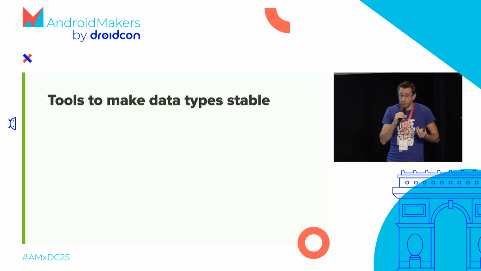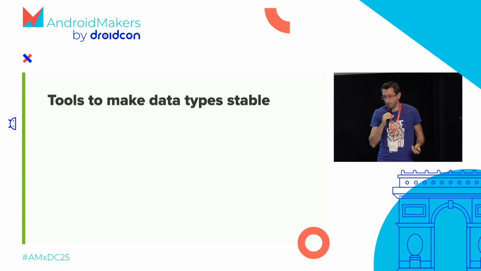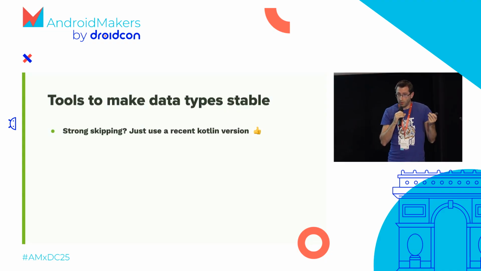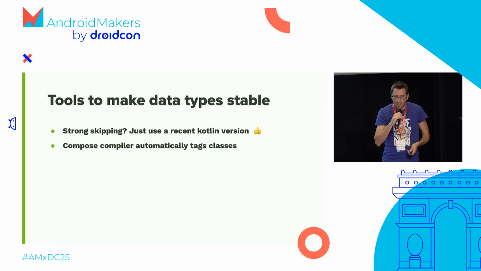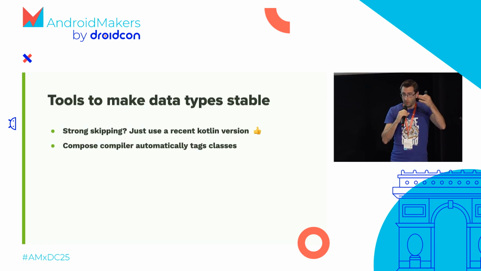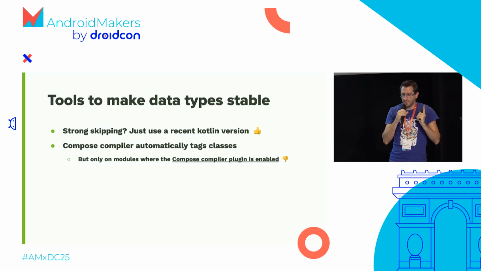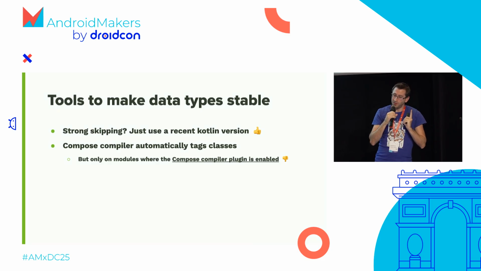So what tools do we have now to make this data stable? Well, the first one that we saw is the simplest thing: we just use a recent version of Kotlin. Well done, cool. The second one is the Compose compiler, which will automatically tag some of our classes. But one caveat there, the Compose compiler only works on the modules where you put the Compose compiler plugin.